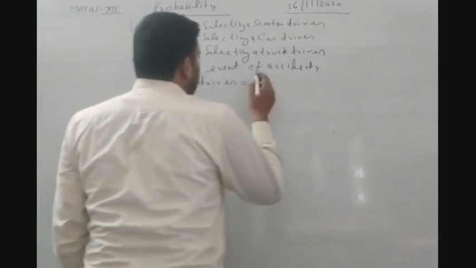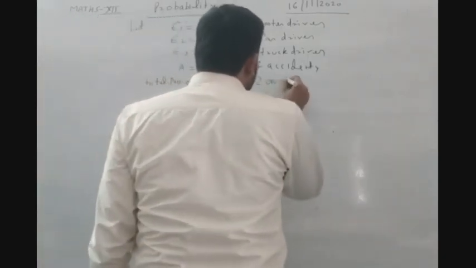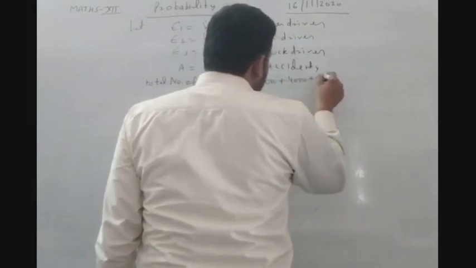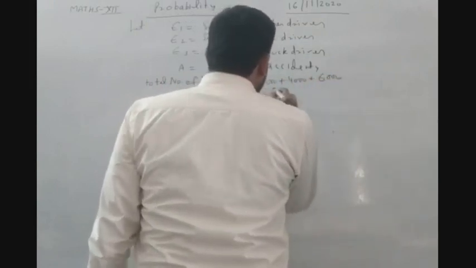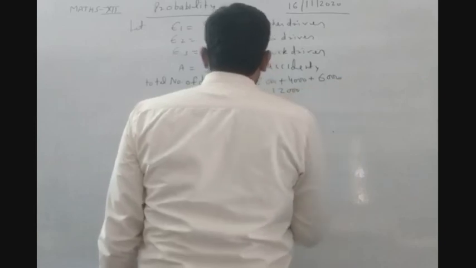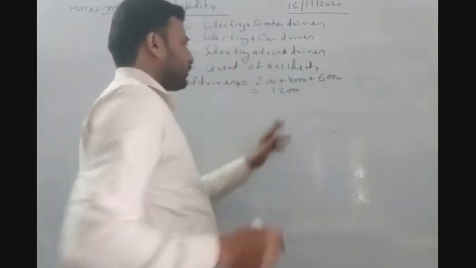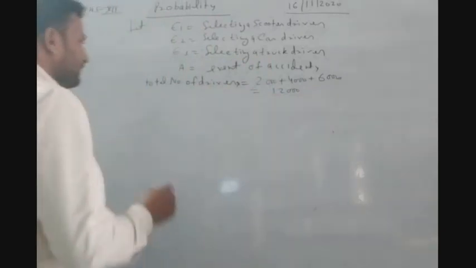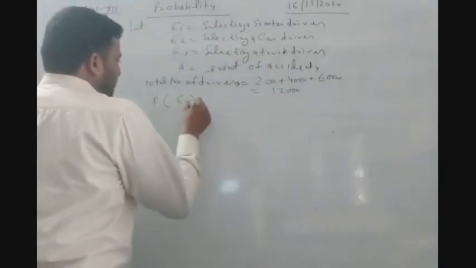We have given that 2000 scooter drivers and 4000 car drivers and 6000 truck drivers are there. So total number of drivers is 2000 plus 4000 plus 6000, which is 12,000.